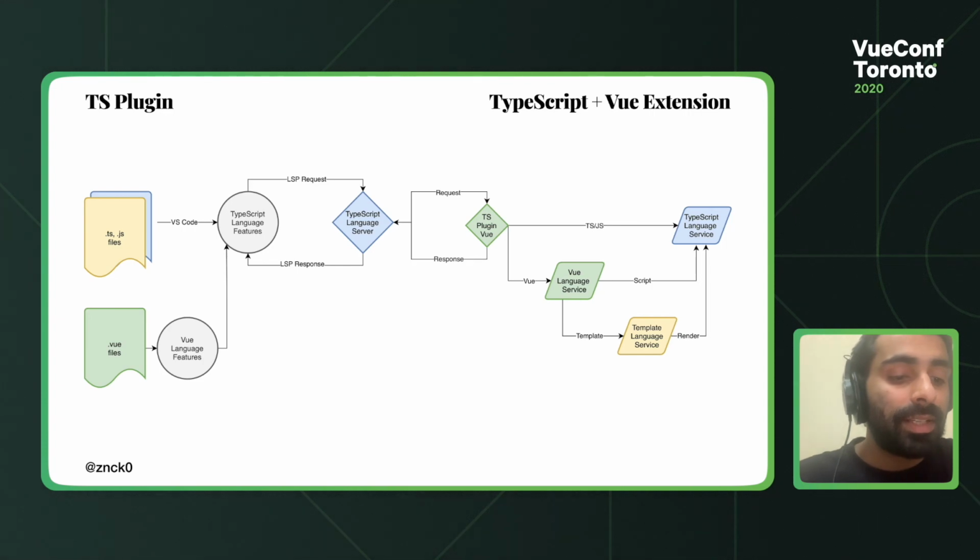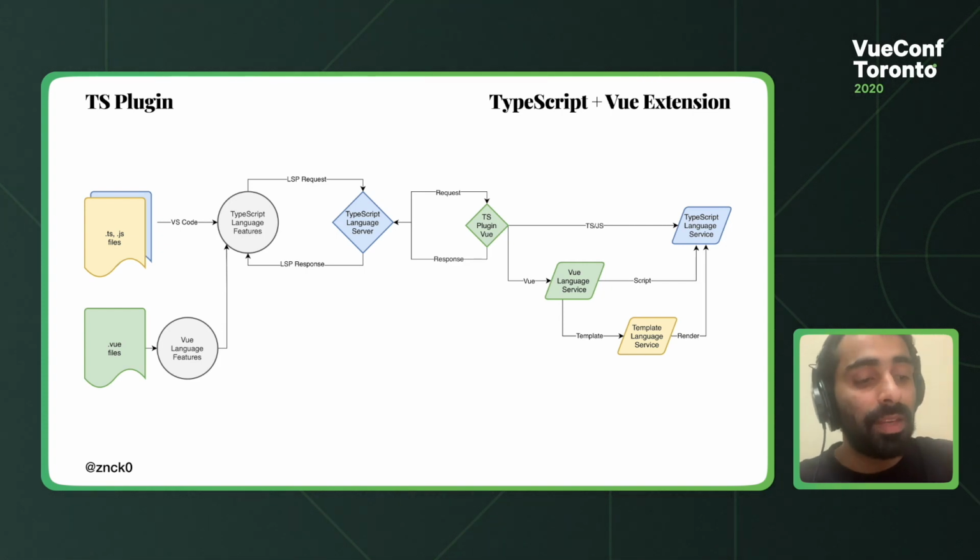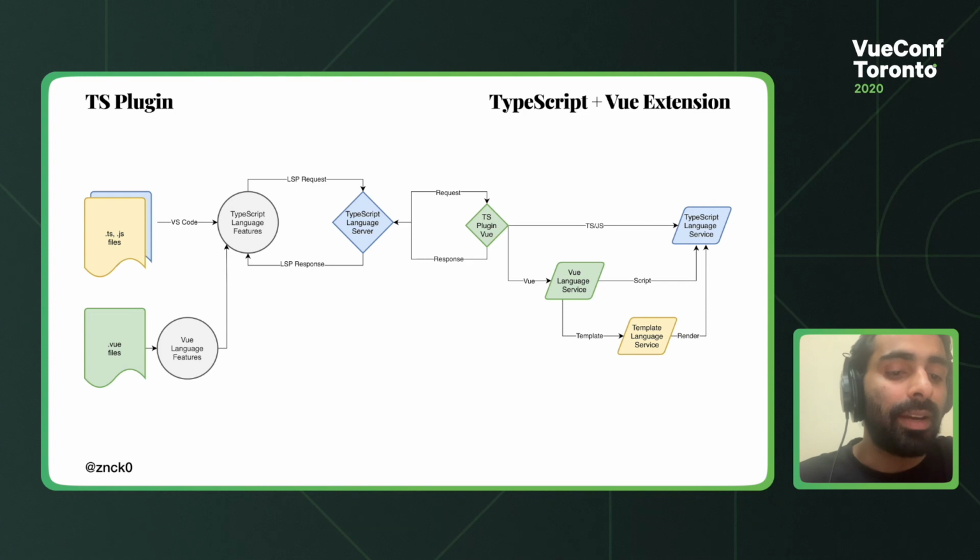Now, if it originated in the template, the template language service will convert this template into a render function, represent it in a virtual file and give this virtual file to the TypeScript language server. When all the processing is done, we'll get a response from the TypeScript language server, and it will come back again to the TypeScript plugin.